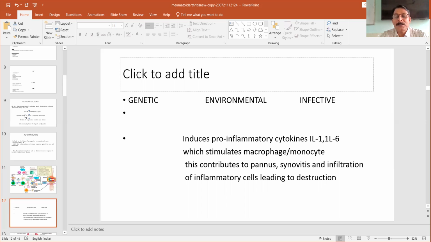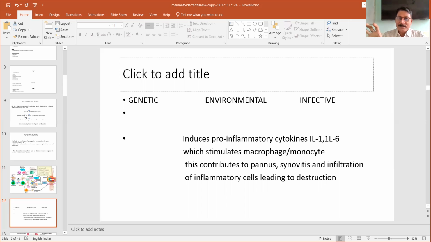What do these cytokines do? They stimulate, propagate, give impulse. Cytokines are basically peptides, a messenger between the cells.